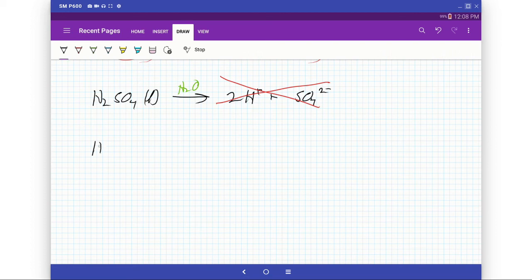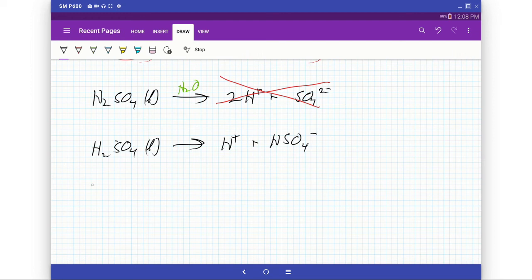So the first thing that's going to happen is you're going to lose one proton. And that first proton is actually strong. That first proton completely dissociates from sulfuric acid to give you H+ and HSO4-.